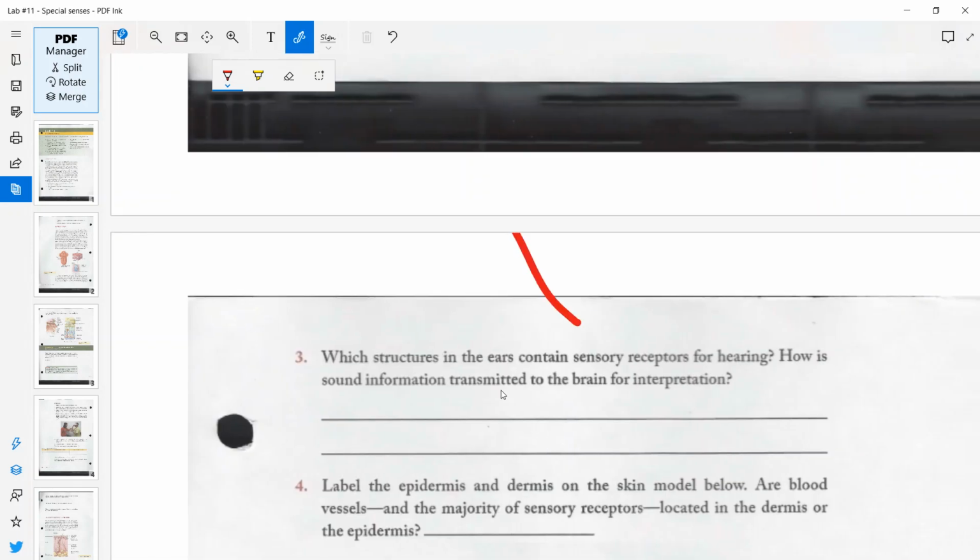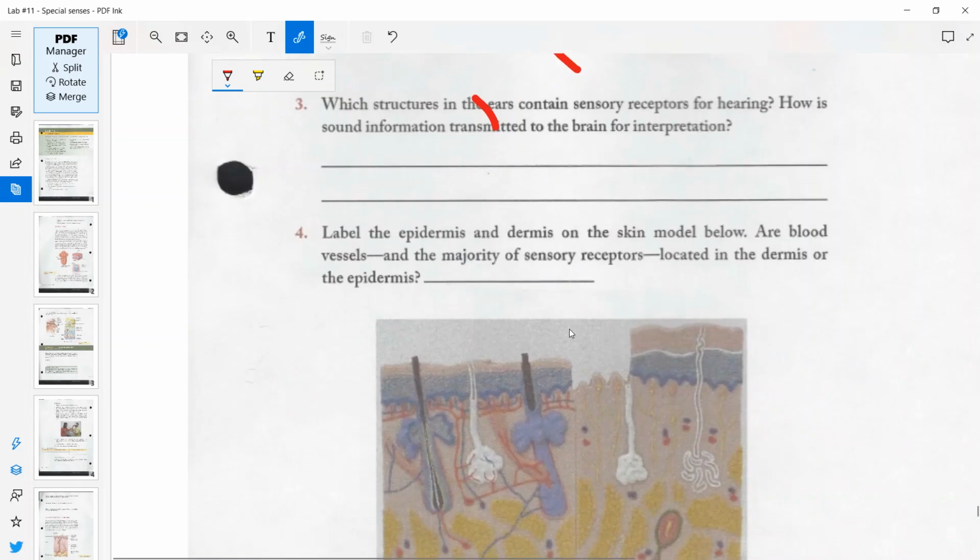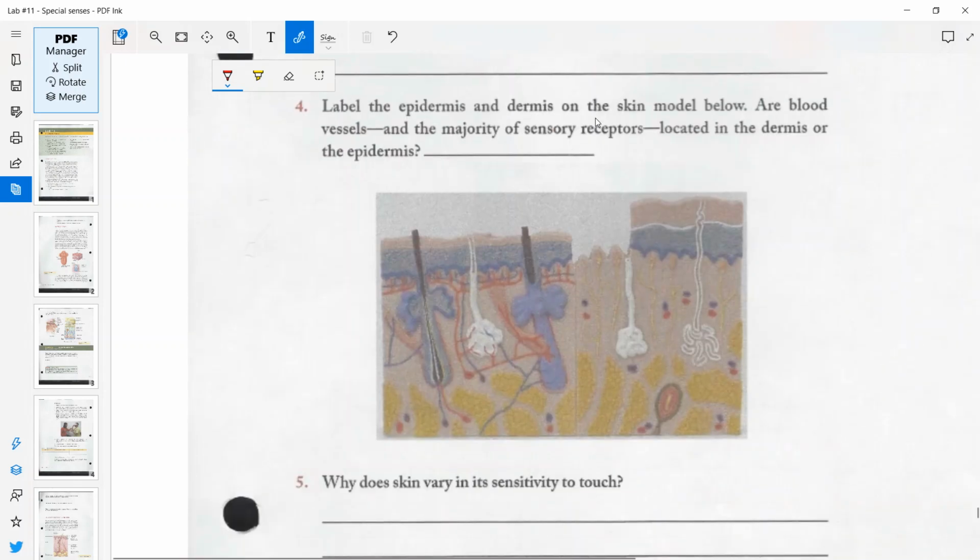Okay, sorry about that. The cochlea, and sound information is transmitted to the brain via the vestibulocochlear nerve. So the sensory receptors for hearing are in the cochlea, and sound information is transmitted to the brain via the vestibulocochlear nerve.